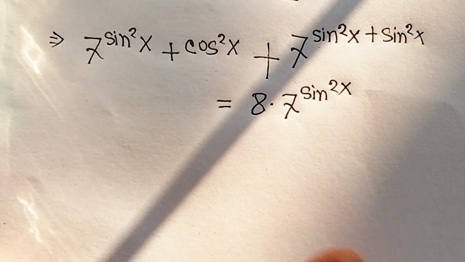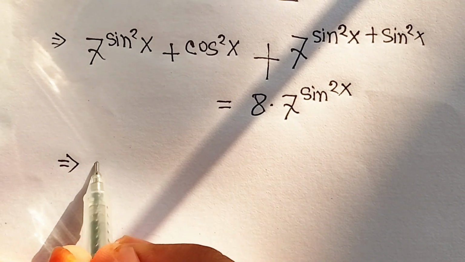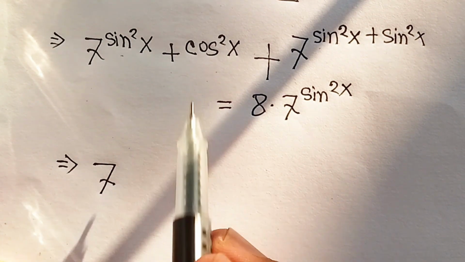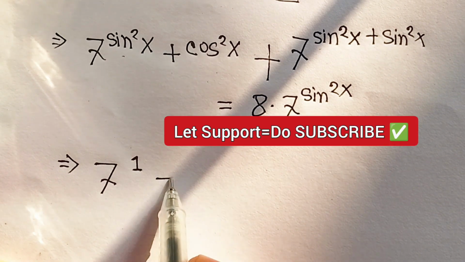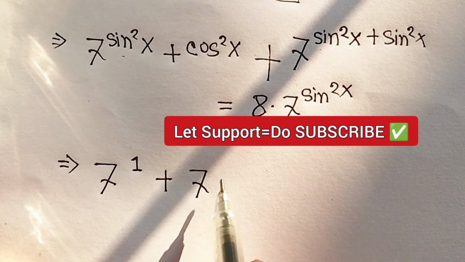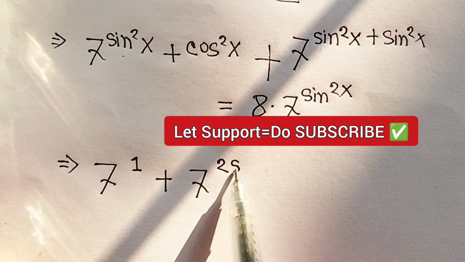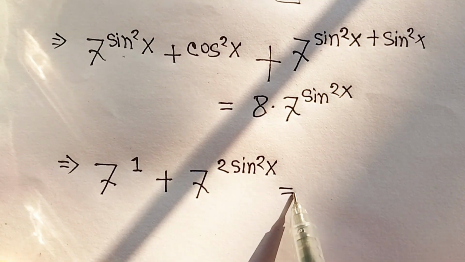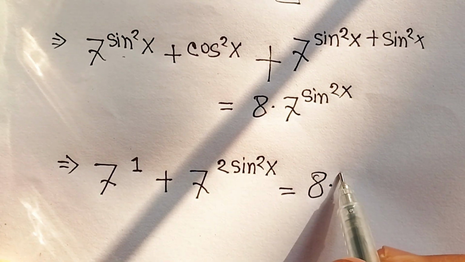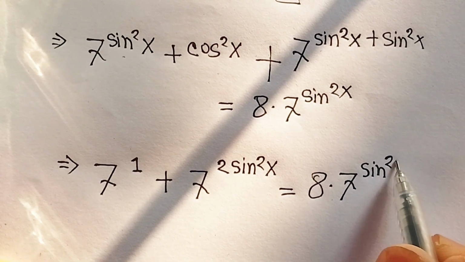So after that we can easily write 7 to the power 1, because you know sin²x plus cos²x is equal to 1. Then this sin²x will be 2 sin²x, which is the power of 7, equal to 8 times 7^(sin²x).